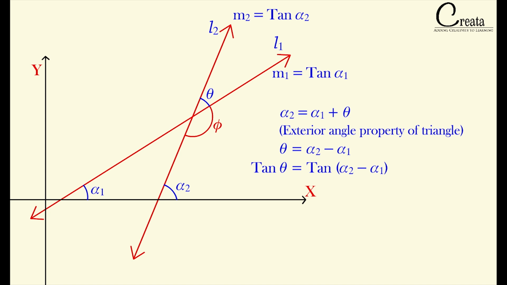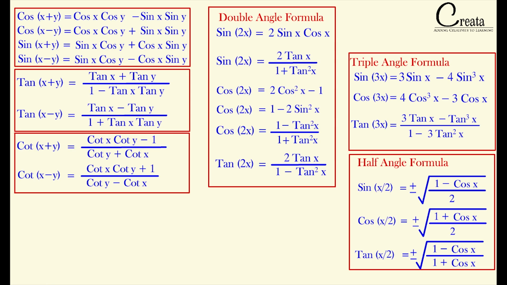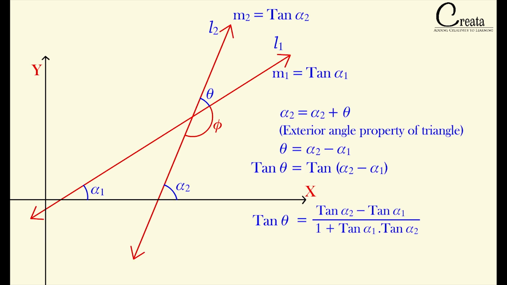Here, we can rewrite tan of alpha 2 minus alpha 1 as tan alpha 2 minus tan alpha 1 upon 1 plus tan alpha 1 into tan alpha 2. Basically, we have applied the trigonometric formula of tan A minus B, which is equal to tan A minus tan B upon 1 plus tan A into tan B, which we covered in our trigonometry lecture. Moving further, tan alpha 2 is M2, the slope of line L2, and tan alpha 1 is M1, the slope of line L1.